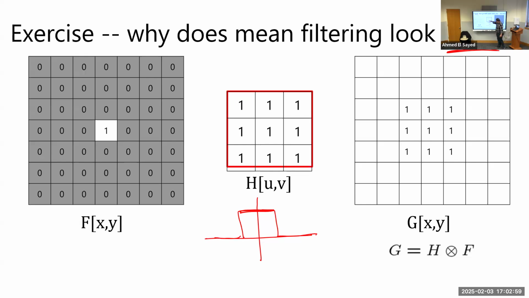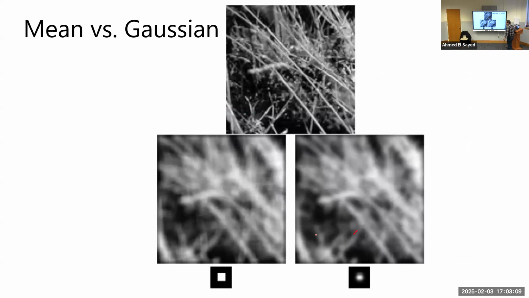That's why we call it a box filter. How about the Gaussian? Will it look the same? Look at it here. That's how it will look. It has a high value in the middle, then on the sides it starts to get lower, and diagonally it's much lower. Can we have any explanation for that?